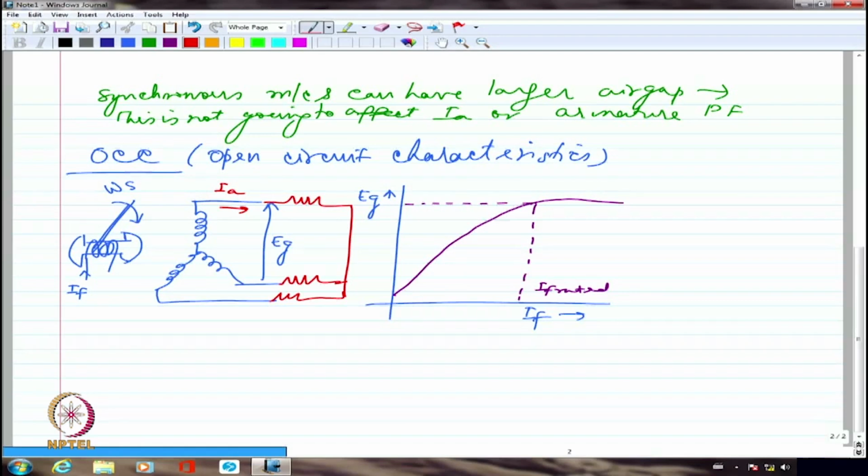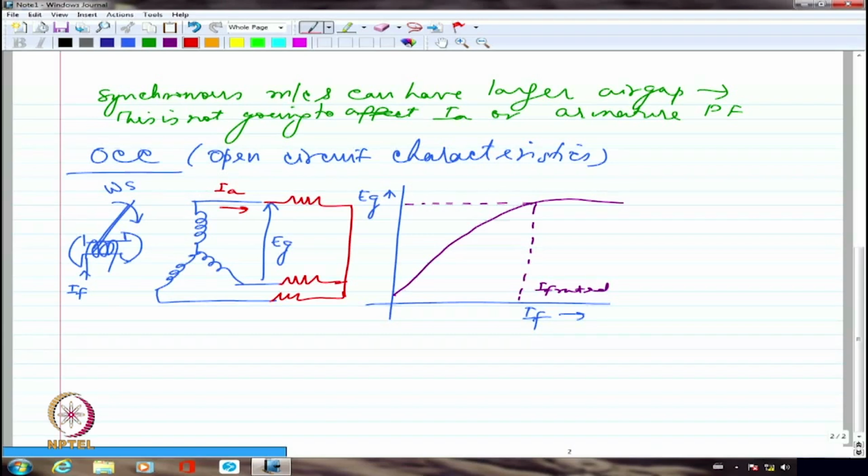So I am going to have basically two EMFs induced at the same time. One is due to IF, which was injected originally, which created the magnetic field from the rotor side, already rotating at synchronous speed because of my prime mover. The second one is created because I have connected a load now. Until I connect a load, that is not existent.